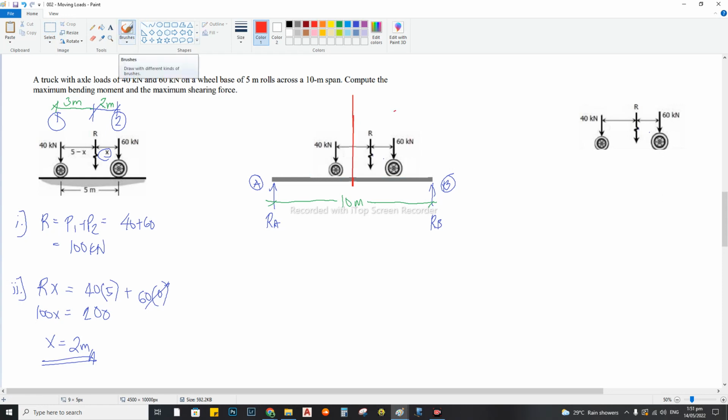Kay natung-an man siya, pasabot ang distance from center kani si 40 kilonewton ug ni R, this is already 1.5 meters, and then CR is 1.5 meters from the center kay gipatung-an man siya. And then from support A, kani si load 1 which is 40 kilonewton, 5 meters man to. So this is 3.5 meters.